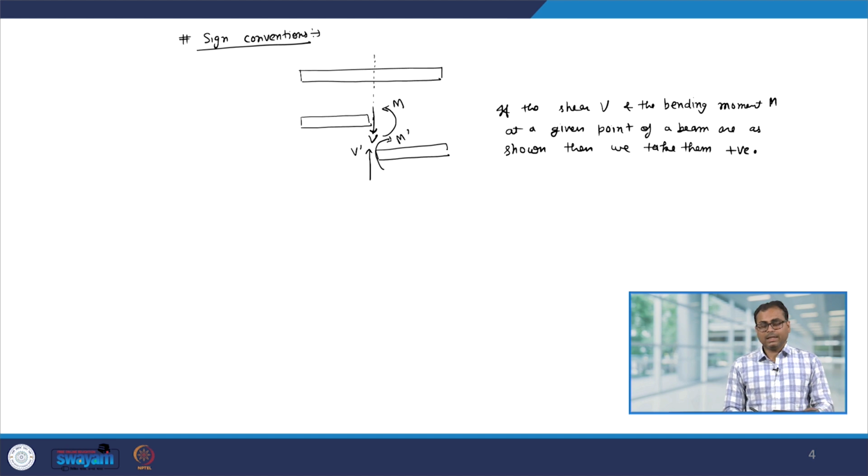Now, let us understand these concepts by one example.